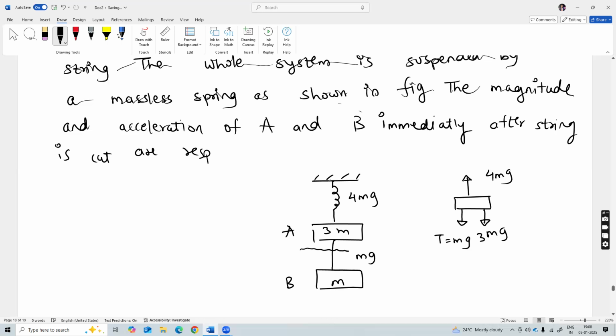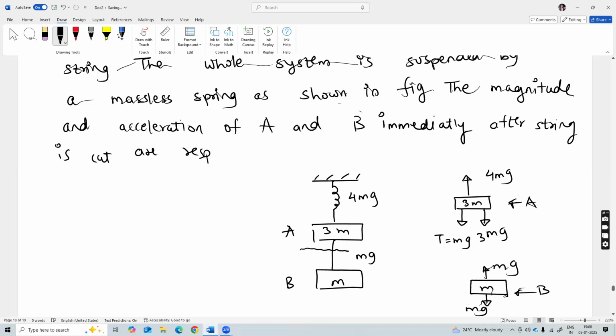Similarly, if you draw the free body diagram of this mass B, the weight mg is acting downwards and tension mg is acting upwards.